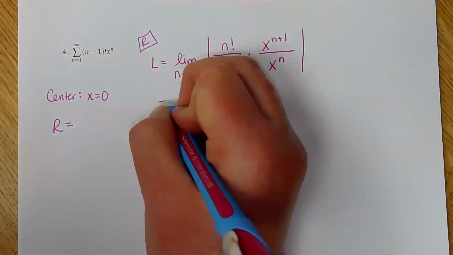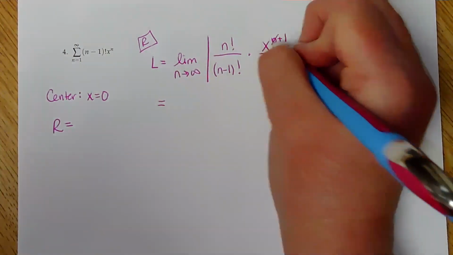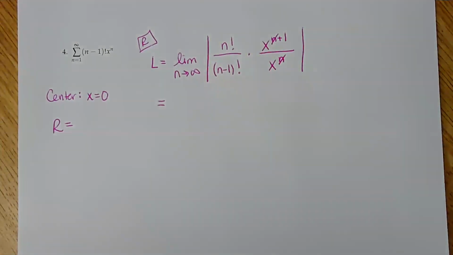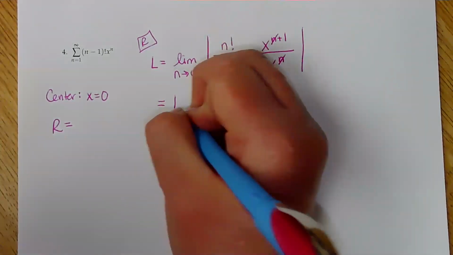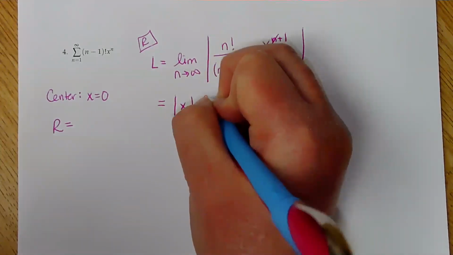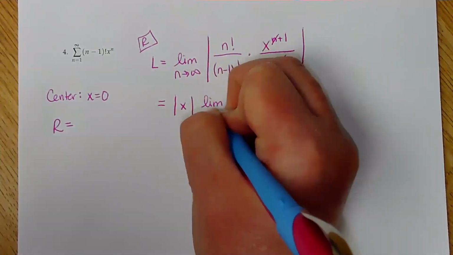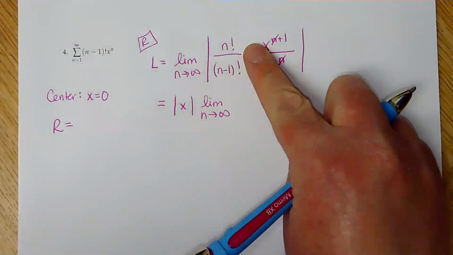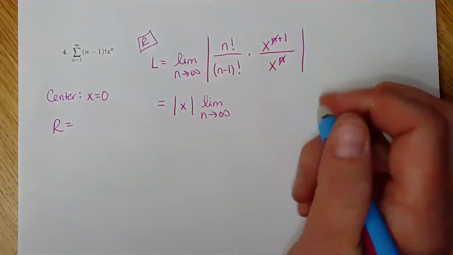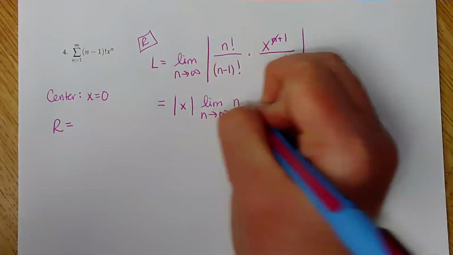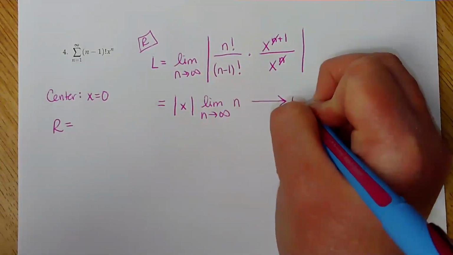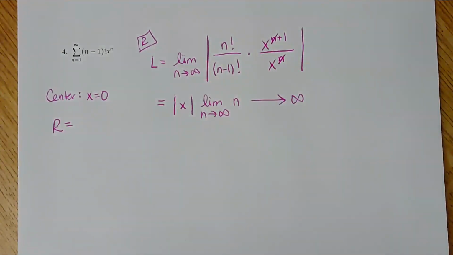Okay, and I simplify this by pulling out the absolute value of x in front of the limit. And I'm left with the limit as n goes to infinity. And n factorial divided by (n minus 1) factorial leaves me with an n here. So this limit is going to infinity, kind of the exact opposite of the previous problem we just looked at.